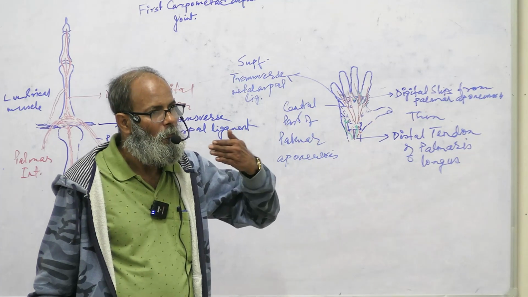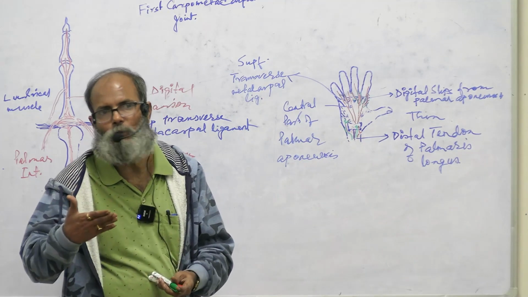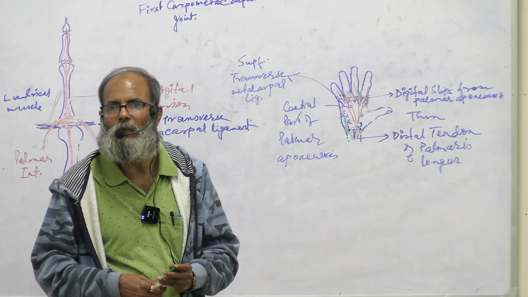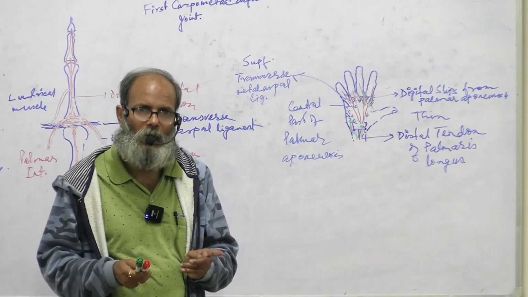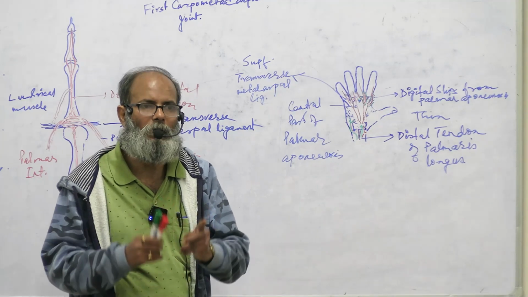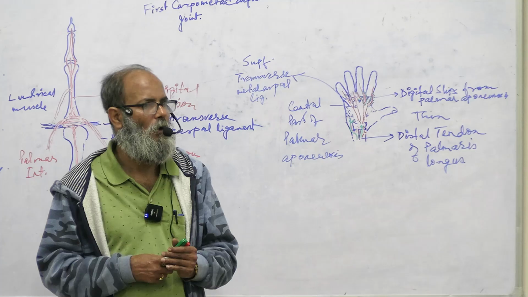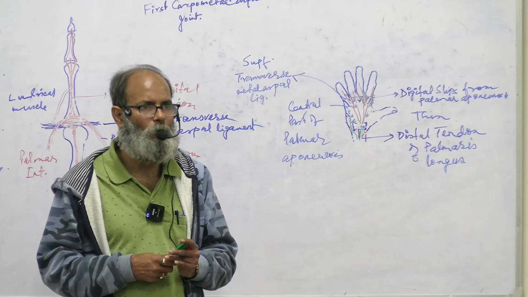This is ventral, that is anterior, to the deep transverse metacarpal ligament, whereas the palmar and dorsal interossei are deep to, that is behind, the deep transverse metacarpal ligament. Is it clear to you?